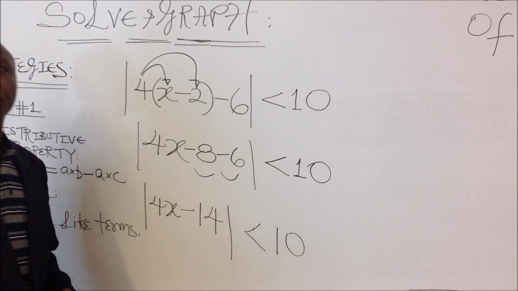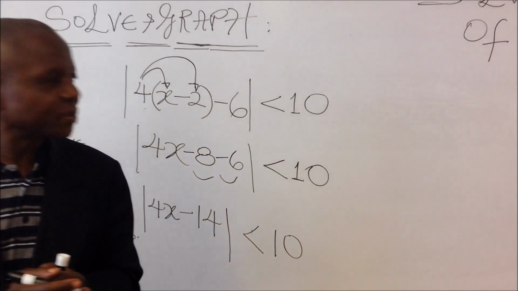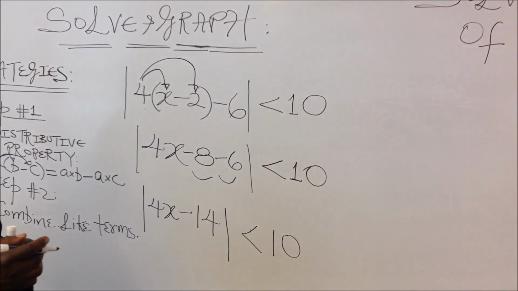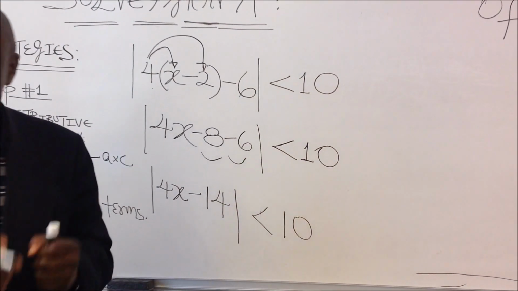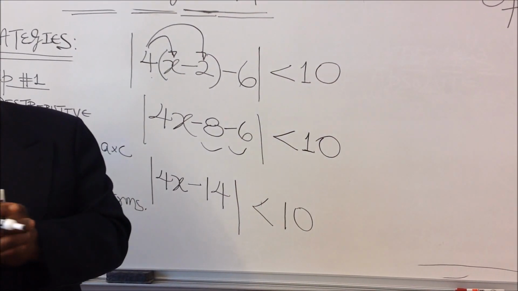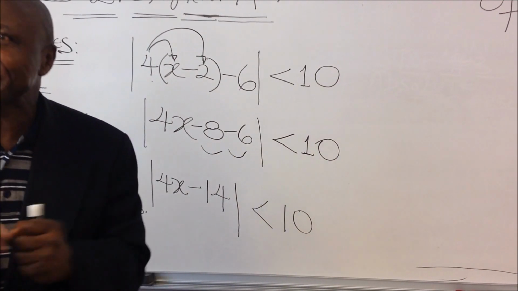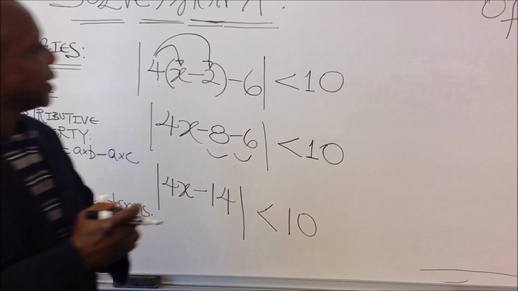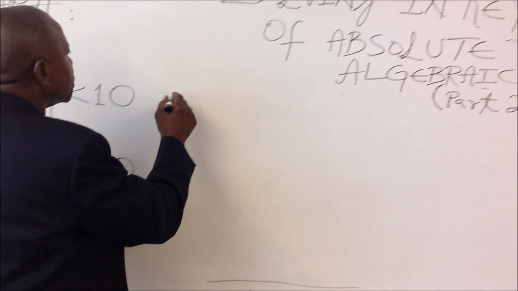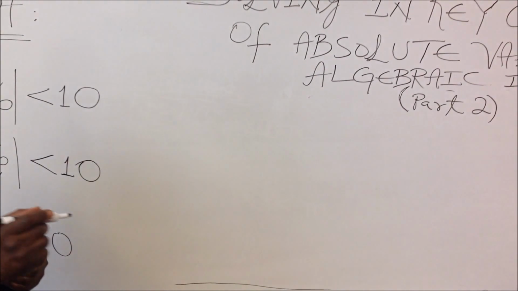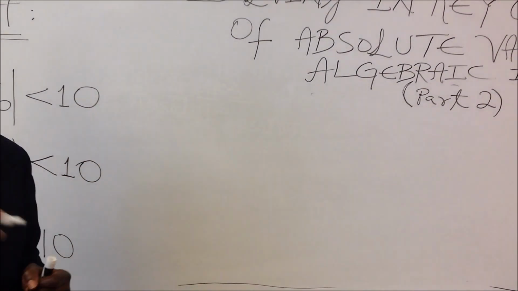So what will be our next step in this strategic problem solving process? Our next step is very, very important, so pay close attention. Our next step will be to use what we'll call the absolute value rule.